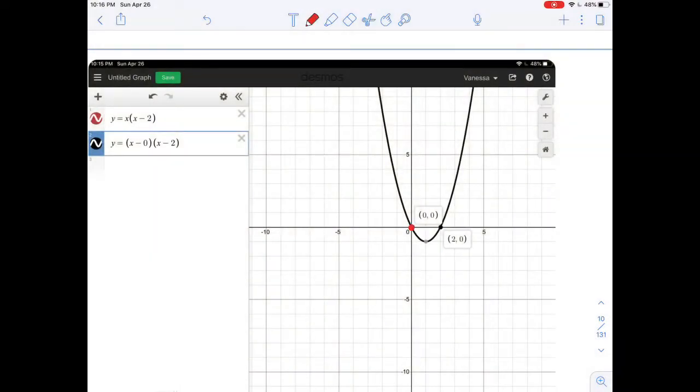We're going to take the time to analyze this first equation. So this is going to be our first x-intercept. And if you look to the left, we have this portion.